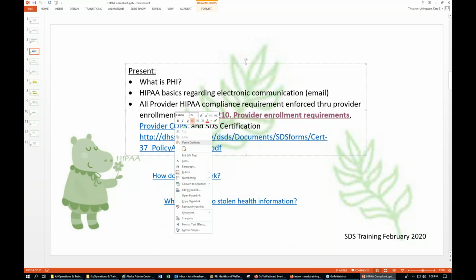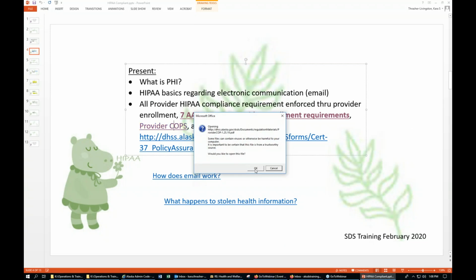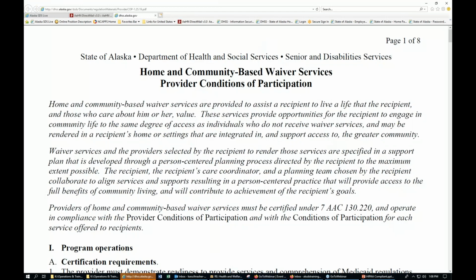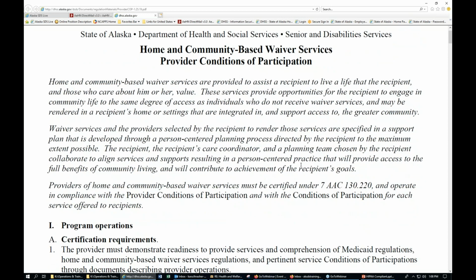We will look at our provider COPS now real quick here. It does exist within our provider conditions of participation, otherwise known as our provider COPS. We shorten it to that. And let me find that for you. Sorry for the flashing screen. All providers work under 2 conditions of participation.